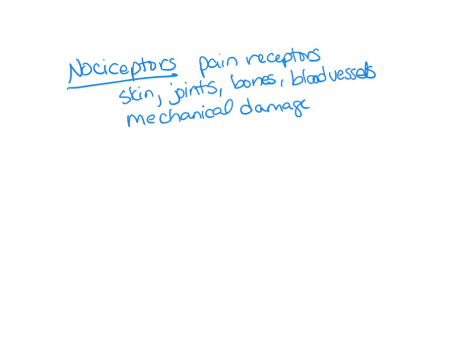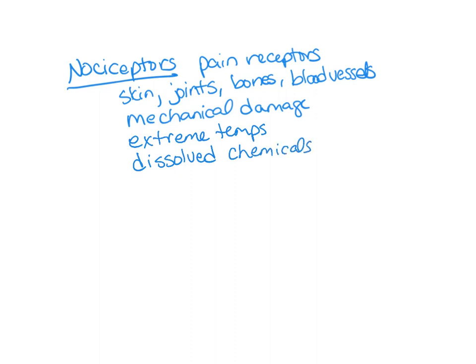Other things that will stimulate these nociceptors are extreme temperatures. So you know if you are too cold, if your fingertips get too cold, you actually start to feel pain. Also, dissolved chemicals. We know that dissolved chemicals can stimulate pain receptors as well. If you have a very strong stimulus, it will excite all three of these nociceptor types.